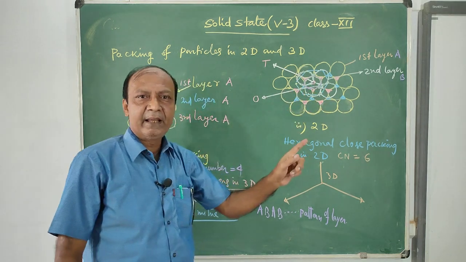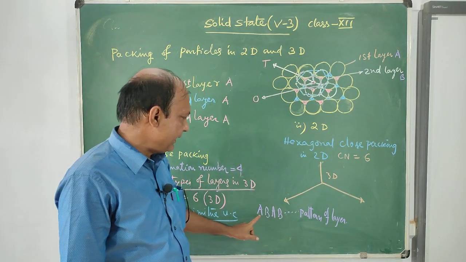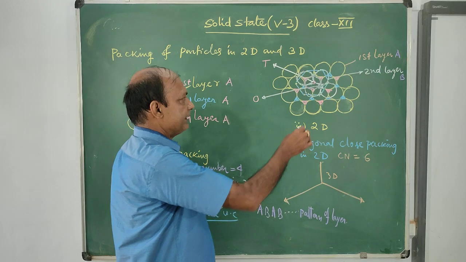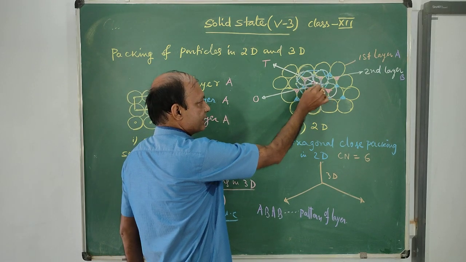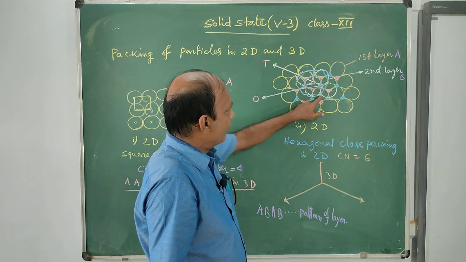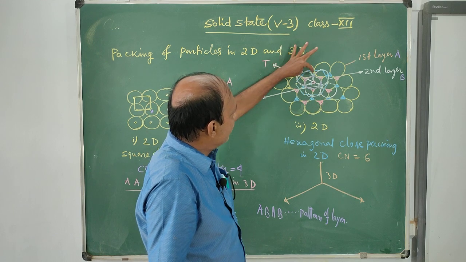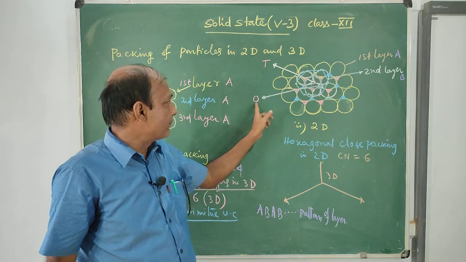So layer A and the third layer will be identical, and that's why it is called an ABAB pattern of layers. And another option is if you put the layers above the triangular depressions O, here will be an O, here will be an O, here will be an O. So these depressions are marked by O.